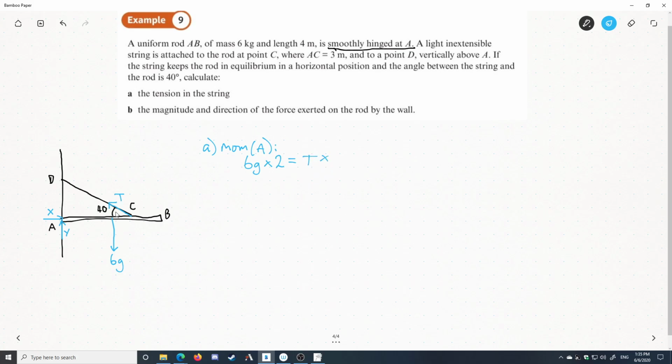Now this one's slightly trickier, the perpendicular distance from A to the line of action of this force. So the line of action of the tension acts through the string, so if we draw on, there we go, the perpendicular from A to the line of action of the force, this is the distance that we want, this dotted line. Now that's not too tricky to work out because we know that the hypotenuse of this right angle triangle is 3, so it's going to be 3 sine 40.